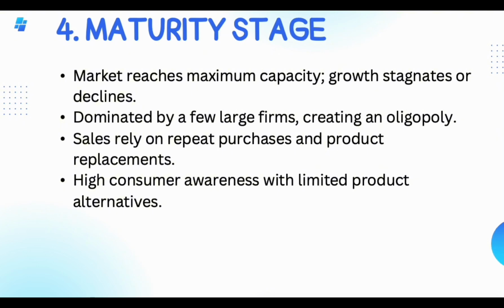Syempre, 'di ba, let's say ikaw may startup pa ka, then naay mga existing big firms, no? So naay posibilidad na dili mapansin imong entity or imong product because all of these big companies have established customer awareness, they have established names and masikat na sila, no?